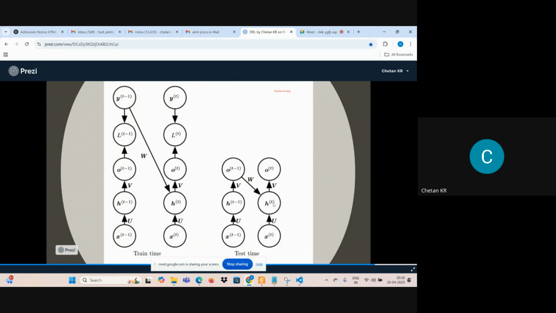So they make different connections for training and testing. Since in training the actual outputs are available, the actual output at stage t minus 1 is used to connect to the hidden at time t during training. During testing, since actual outputs are not available, the predicted output of the previous step is connected to the hidden of the current step.